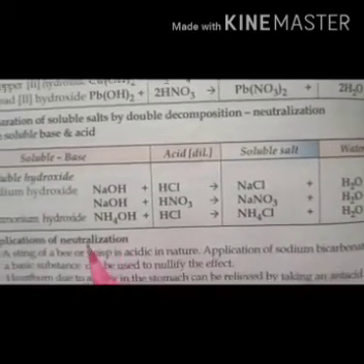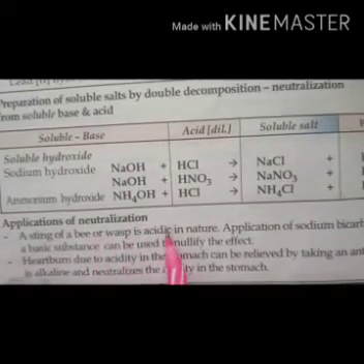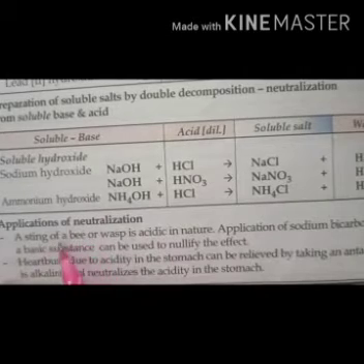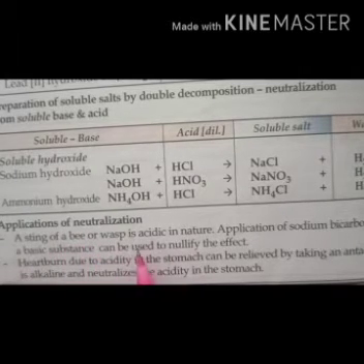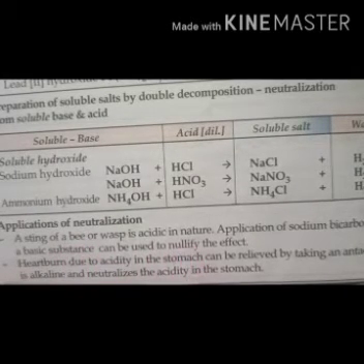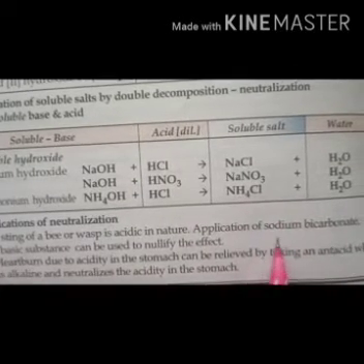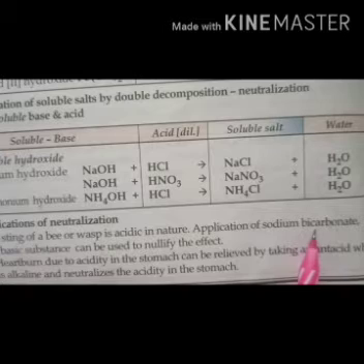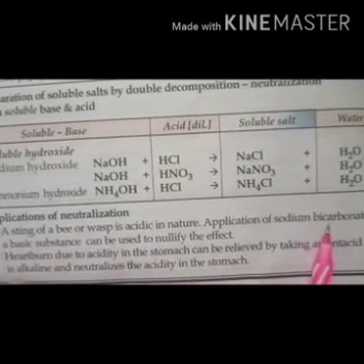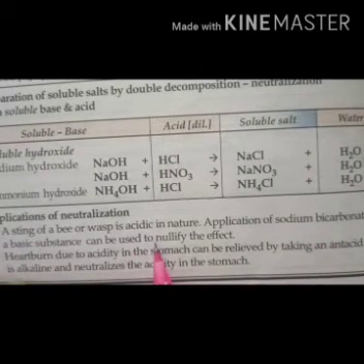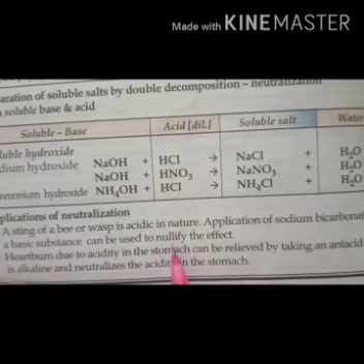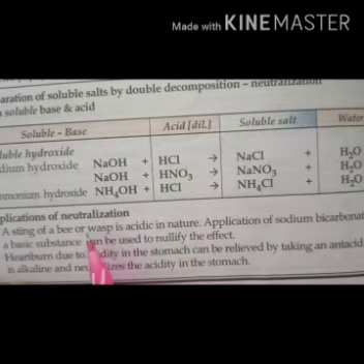Now next is what is the application or use of neutralization reaction. When a sting of a bee or wasp is acidic in nature, what happens? You can use sodium bicarbonate, which is a basic substance, to neutralize the effect of this acid.